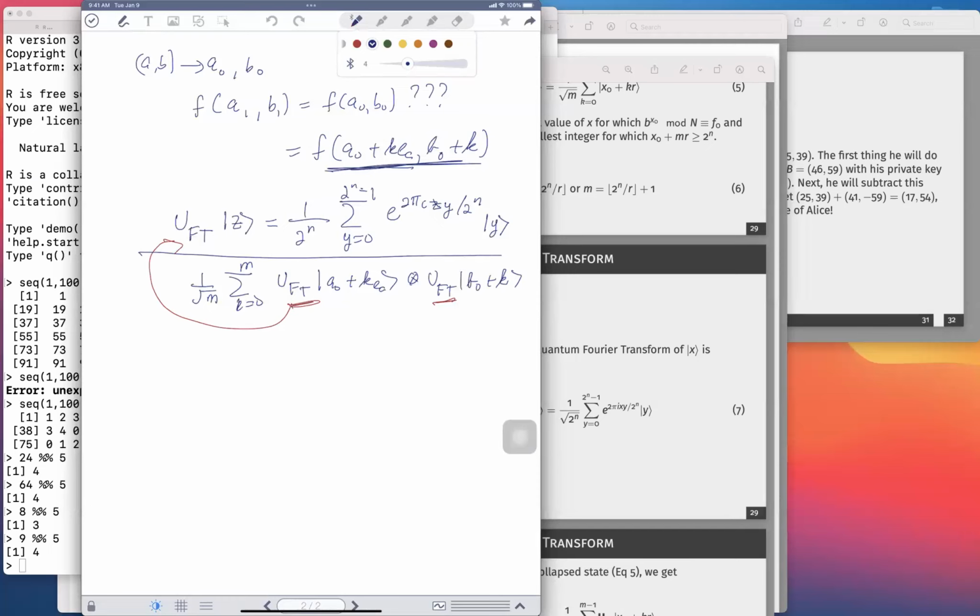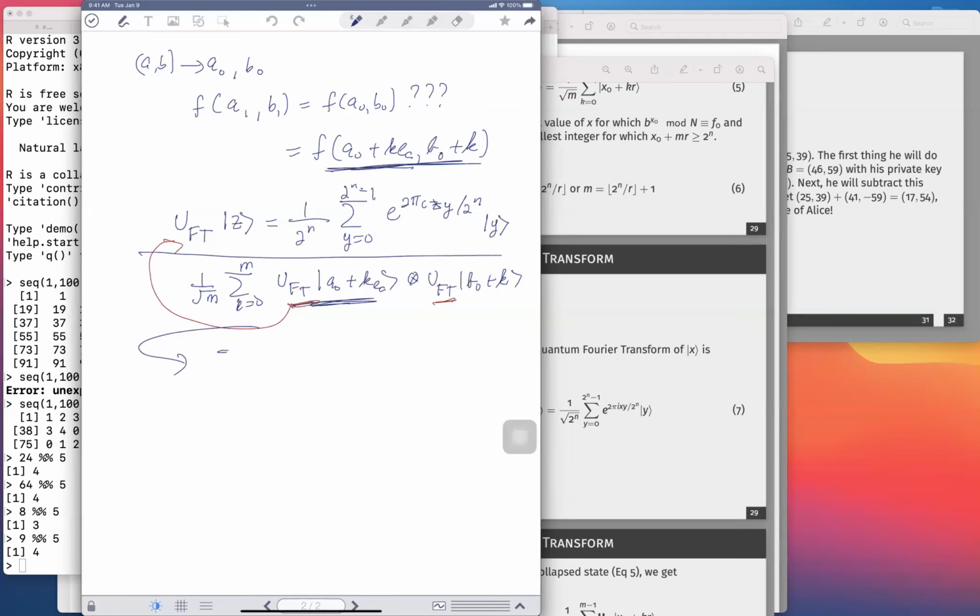So the first one will give us this one here, 1 over 2 to the n. So what happens to the sum? This becomes a summation.